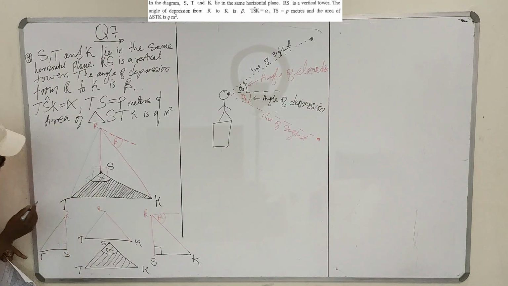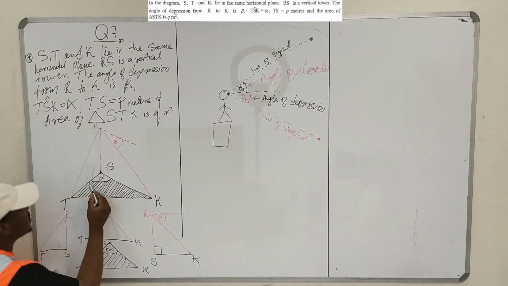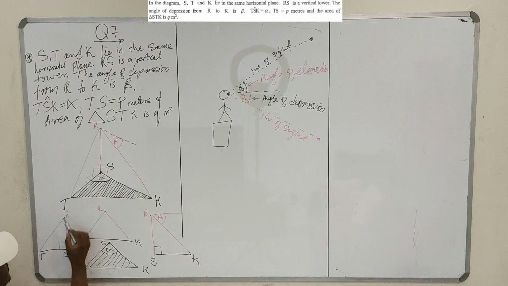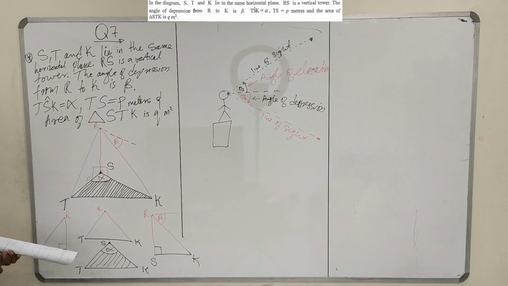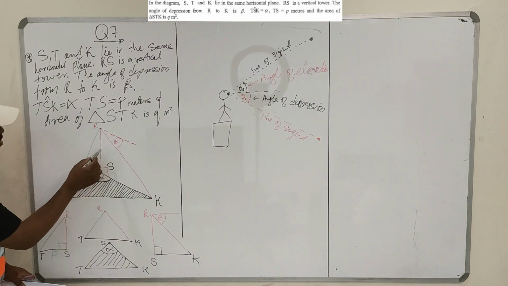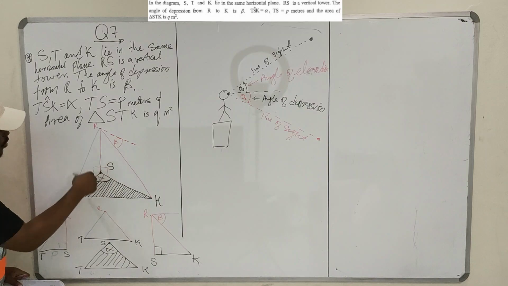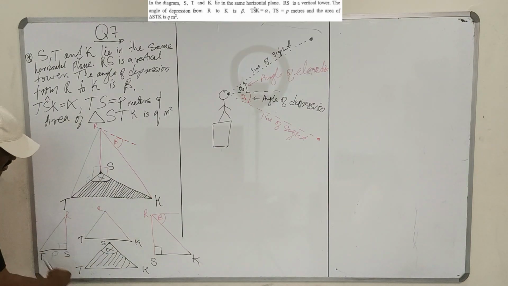It's P. That's what they are saying. So here TS is P, and you can also see it's this one here. It's P. No problem. Because whatever information, length or angle you find, if you put it on one of these triangles, you must also put it here so that it can be easy to deal with. So let me clean the board, and then we answer the questions that follow.